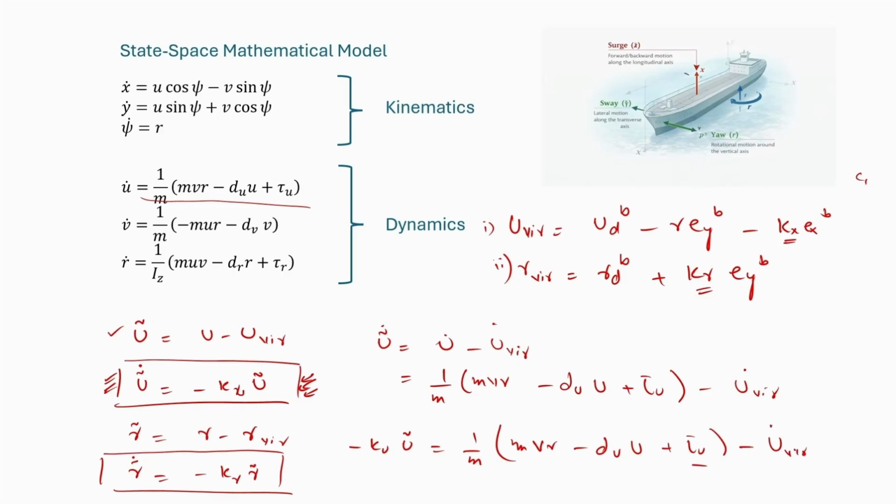So now I can derive this control input, right? I simply have to move all of these terms to the left-hand side and leave this tau u on one side. So we will achieve our control design. After multiplication of m on both sides, the 1 by m will cancel out. So we have mvr minus du times u. This is multiplication, not a function.